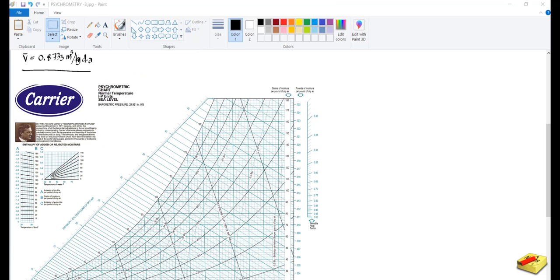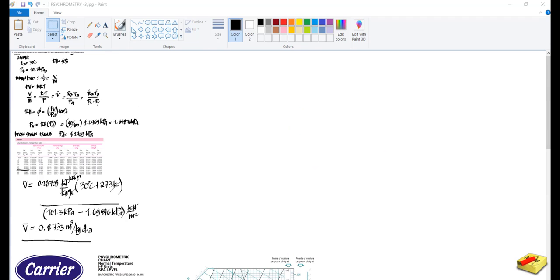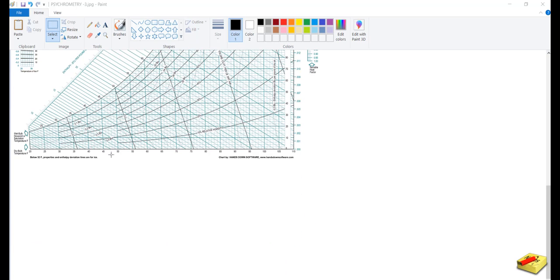Okay, bringing down the psychrometric chart. We have the given value, which is 30 degrees Celsius.